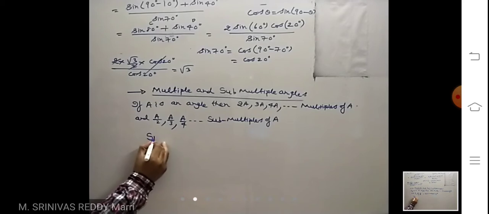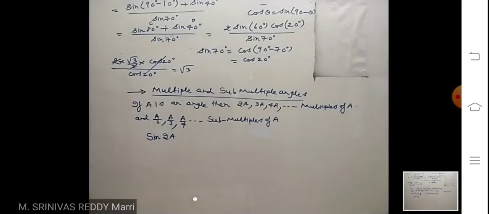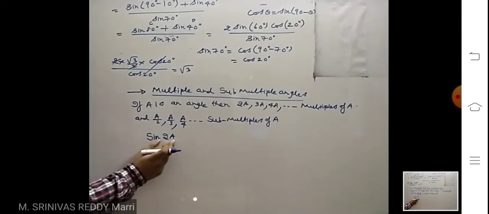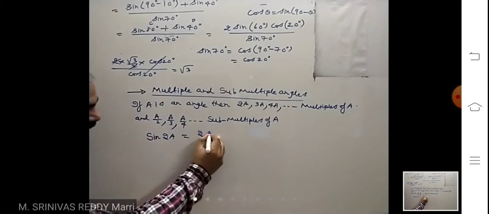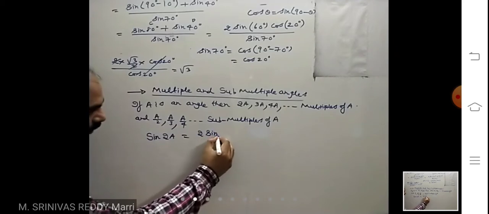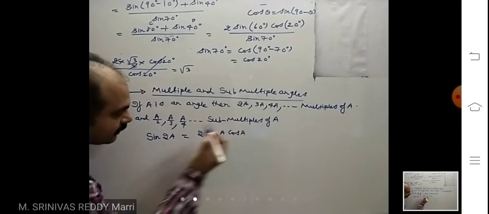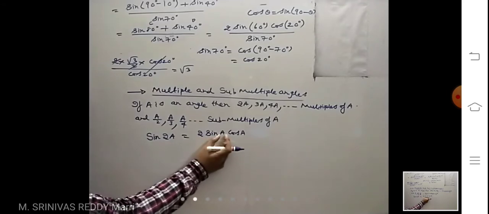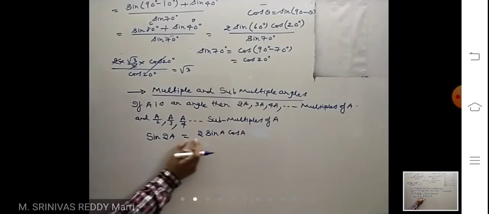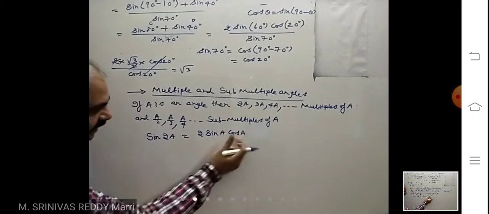Now look at, suppose for multiple angles, how to write trigonometric ratio? Look at sine 2A. That means sine of this multiple angle 2A. Look at this formula. This is nothing but 2 sine A cos A. Look at this 2A, the angle on the right hand side will become half of it. 2 sine inside half the angle, cos inside half the angle.